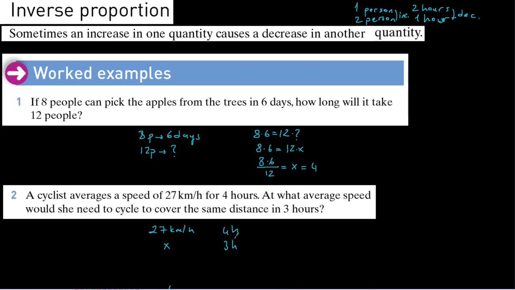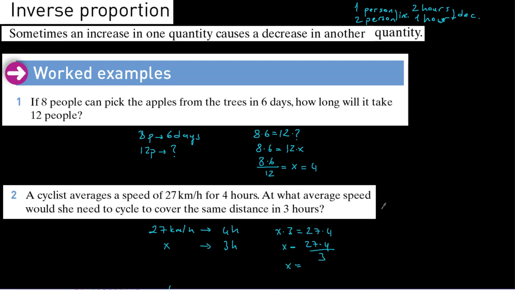When you increase the speed, you decrease the time. That's why this is inverse proportion again, which means we multiply directly: x times 3 should be equal to 27 times 4. x is equal to 27 times 4 over 3.